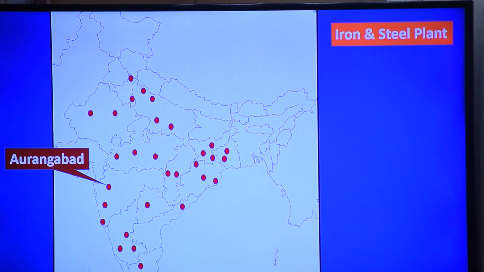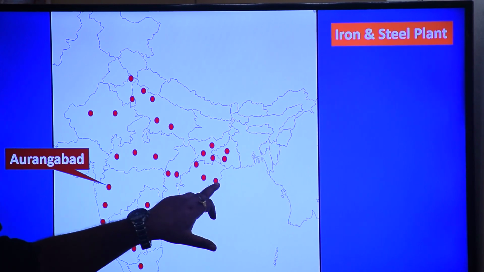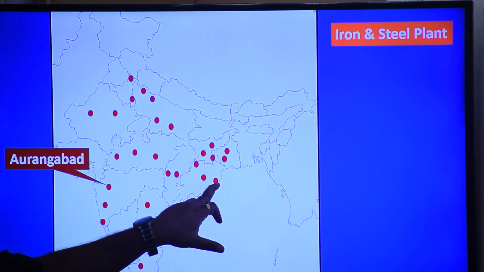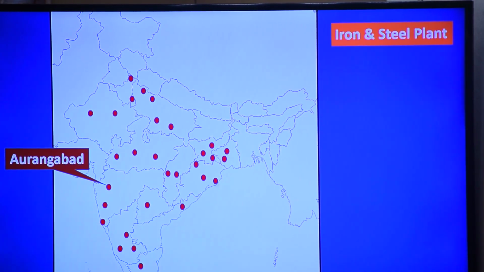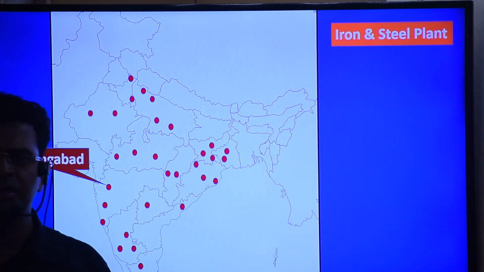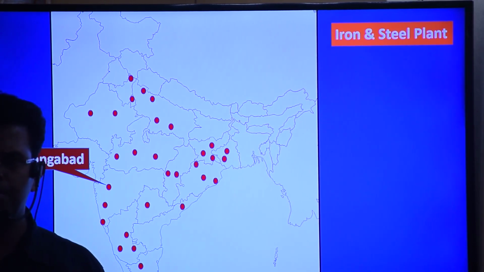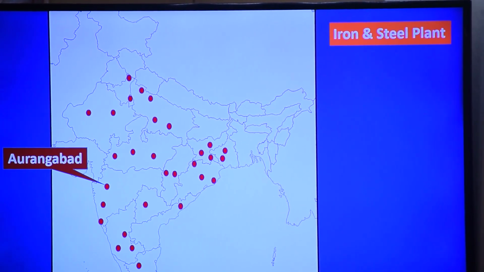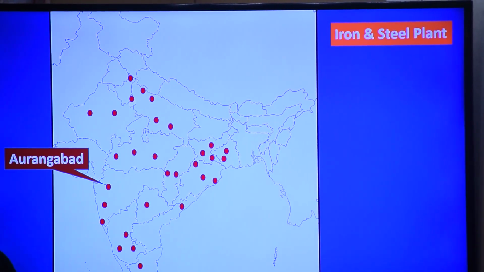Another, you will go to coastal cities. In this one I said Paradip, Paradip port, Paradip steel plant. But comparatively this is not as major, where a large amount of production is there.